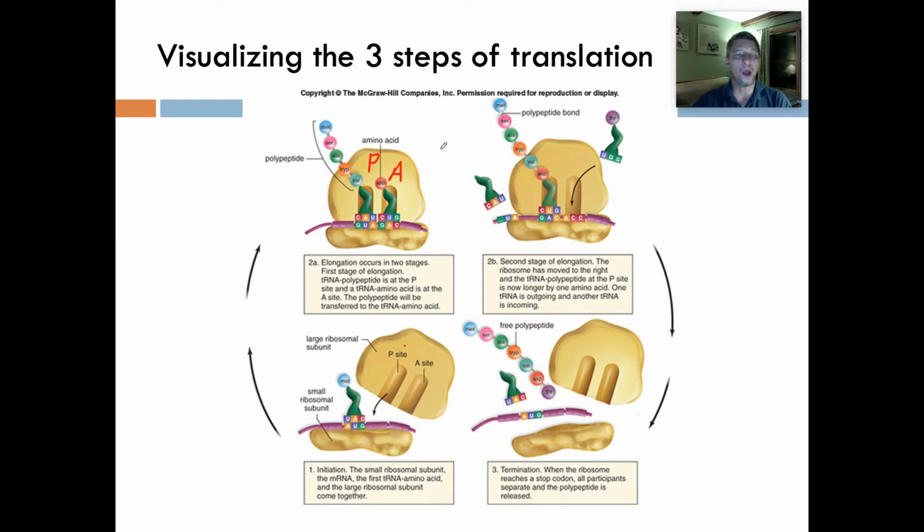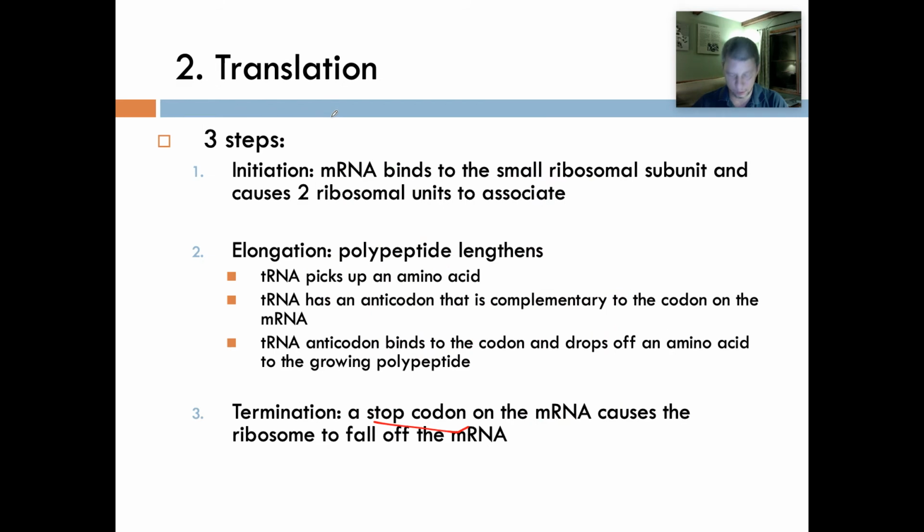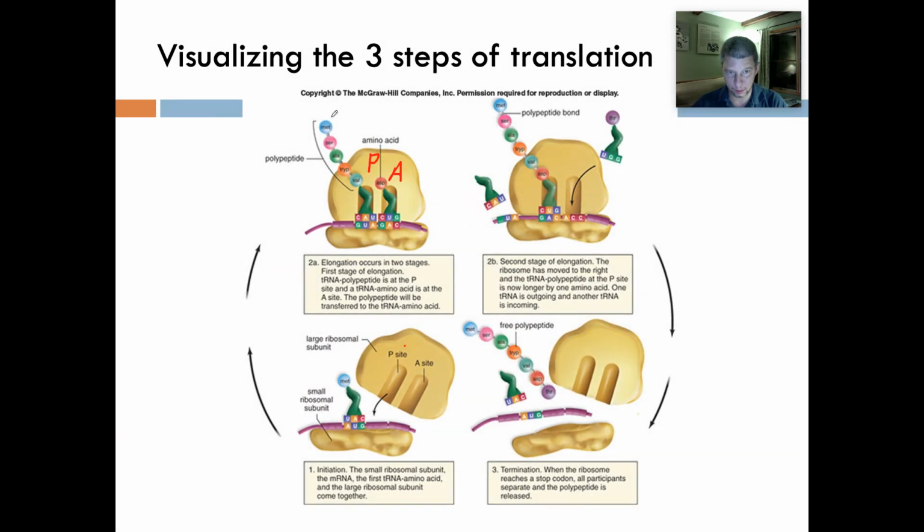So in the first stage of elongation, a tRNA polypeptide is at the P site. All right, and you can see the polypeptide. Notice that we have methionine, which is the start codon and the first amino acid in every one of these polypeptides.